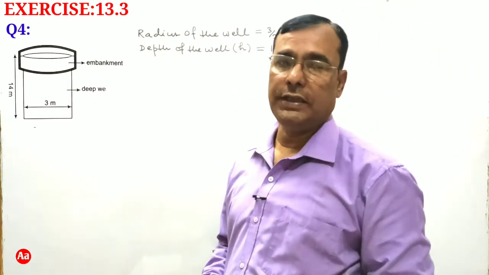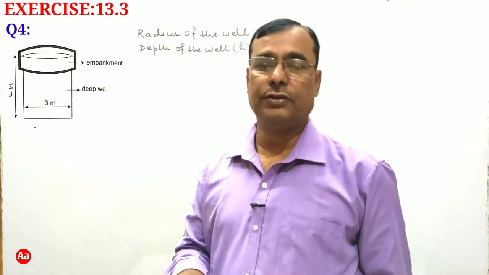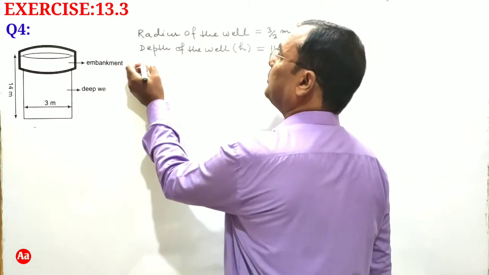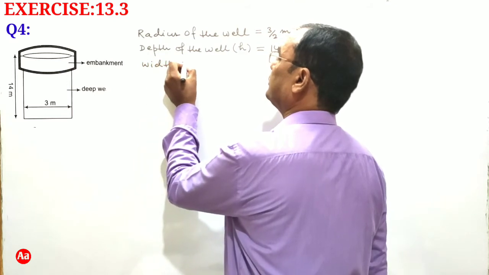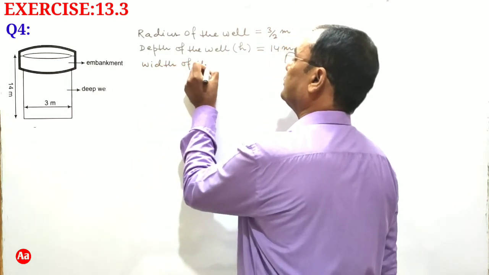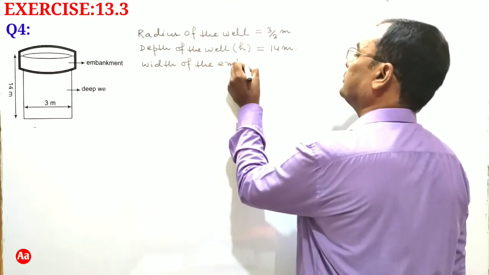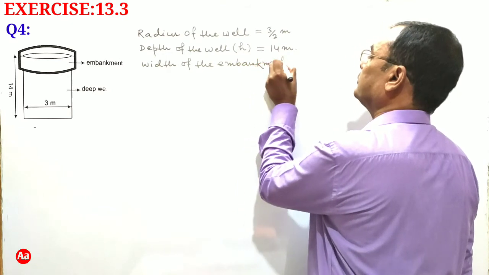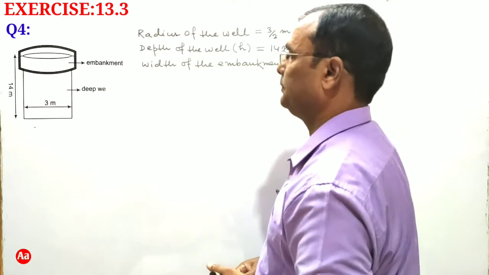Circular embankment is formed around the well of width 4 meter. So let's write width of the embankment. That is given 4 meter.